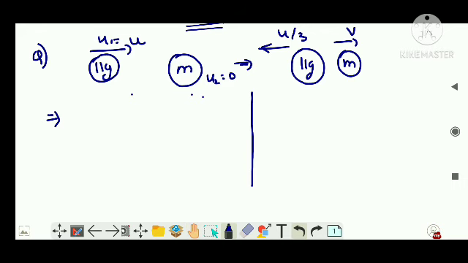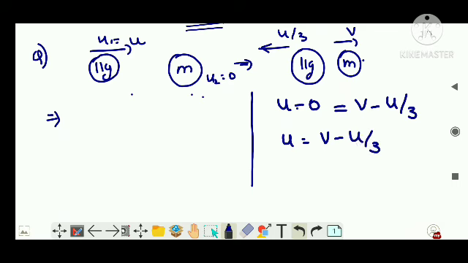That is the relative velocity before the collision, which is u1 minus u2, that is u minus 0, is equal to v2 minus v1, that is v minus u by 3, or u is equal to v minus u by 3. If this direction I am taking positive, then this direction is negative, so it is minus u by 3.